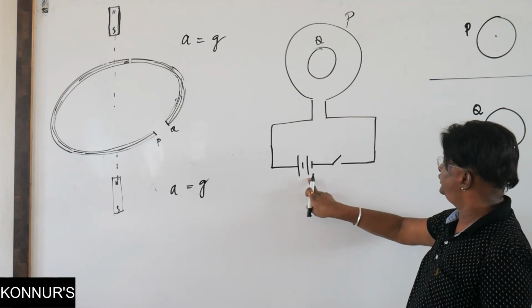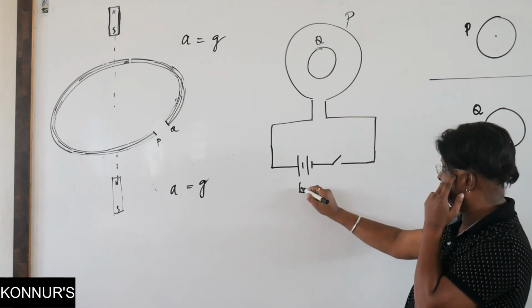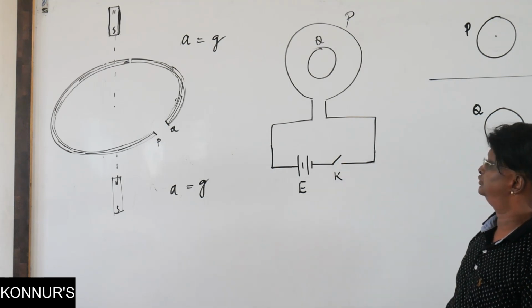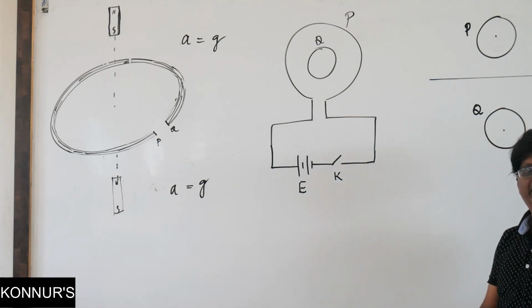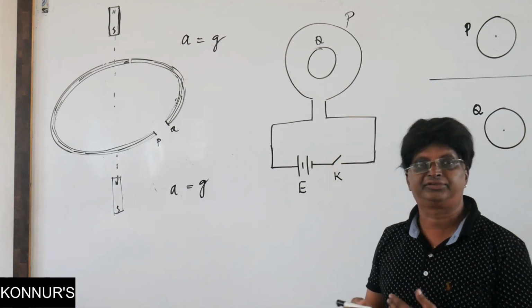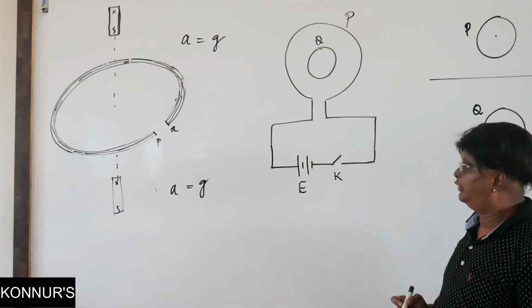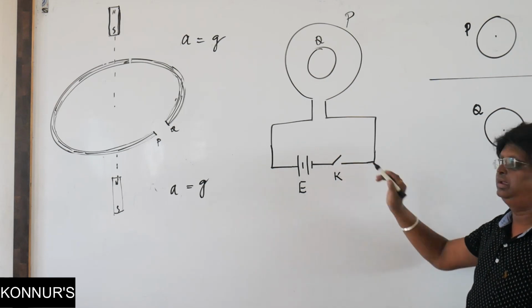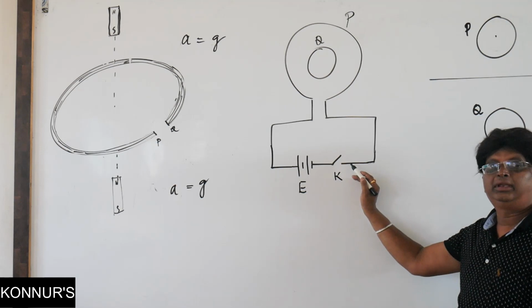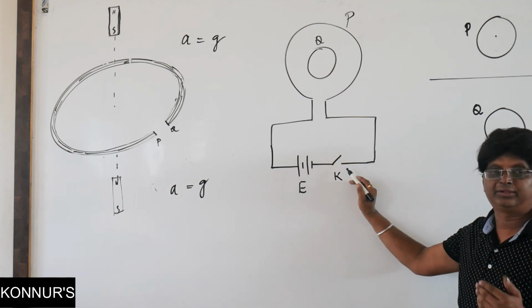Now P is connected to a source of battery, a voltage source, and a key is there in the circuit. Now here again the questions are of a wide range, different questions are possible. What happens when the key is closed? Initially the key is open. When the key is closed, what will be the result?